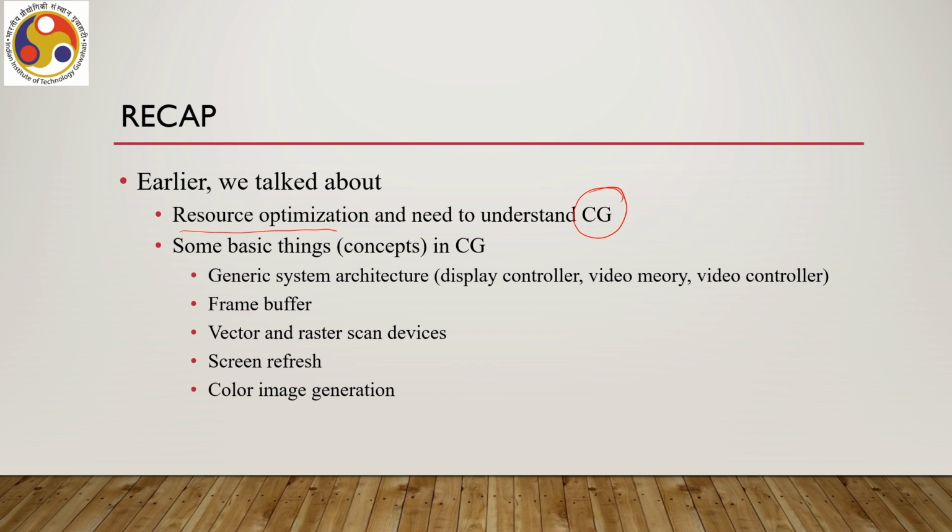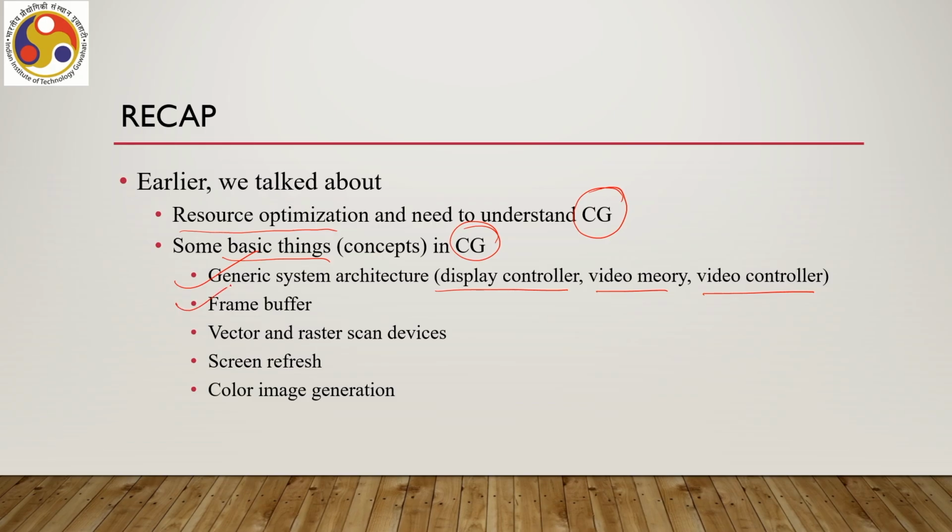Now, we also briefly covered some basic concepts about computer graphics, namely the idea of a generic system architecture. So, in a very broad sense, how a computer graphics system can be organized. We talked about three major components: display controller, video memory and video controller.